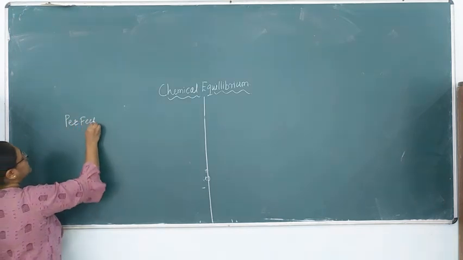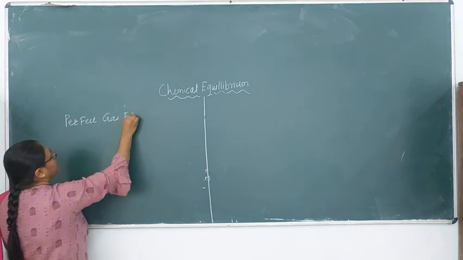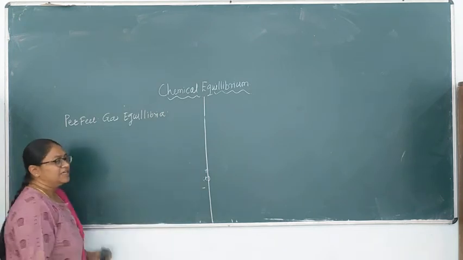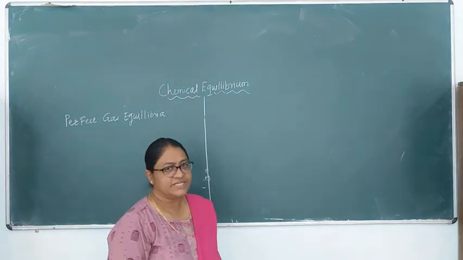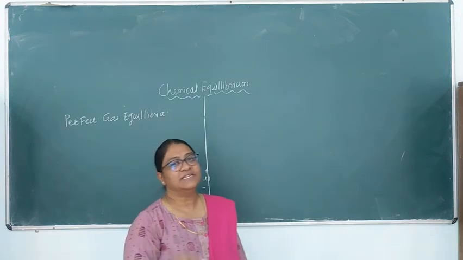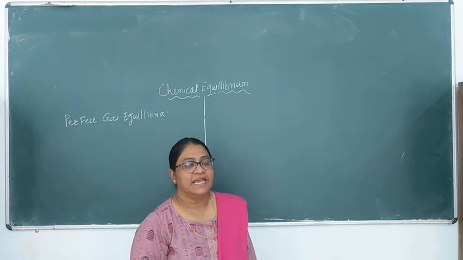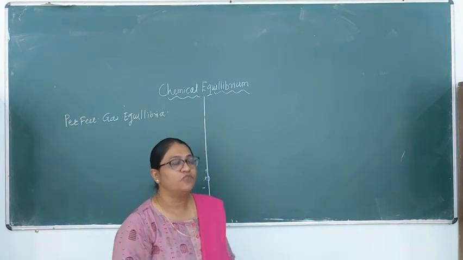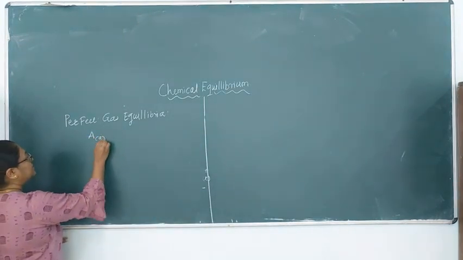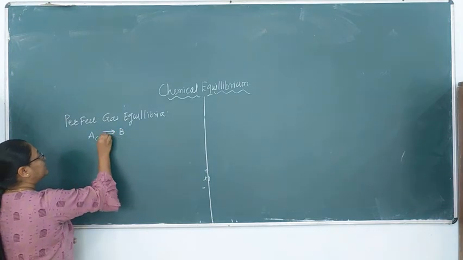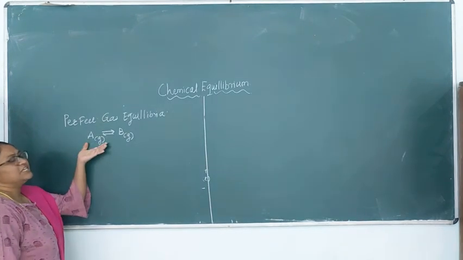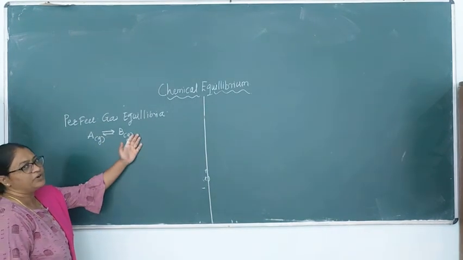That means when the reactant and the product are gaseous, and in the gaseous reaction the gases present are ideal gases, we are going to see the equilibrium formed in such a reaction. We consider a very simple reaction, a representative example: a gaseous reactant A is converting into a gaseous product B.